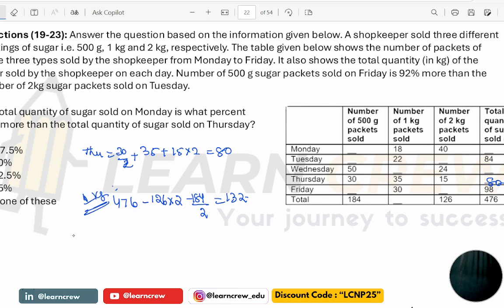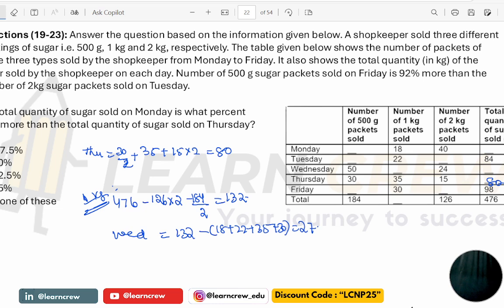Okay, it is from Monday to Friday, right? Now, the number of 1 kg sugar packets sold on Wednesday would be 132 minus the sum of all these: 18 plus 22 plus 35 plus 30, you will get 27.